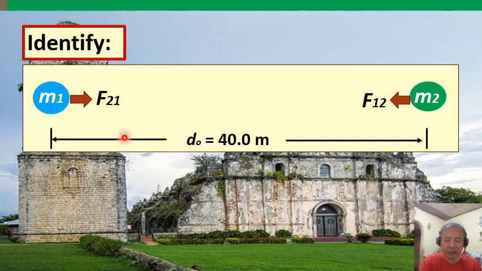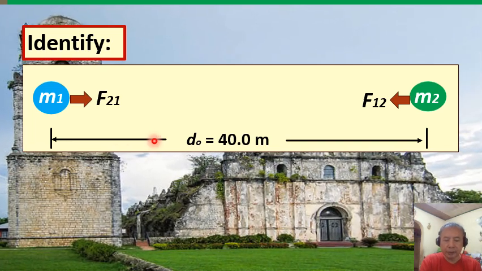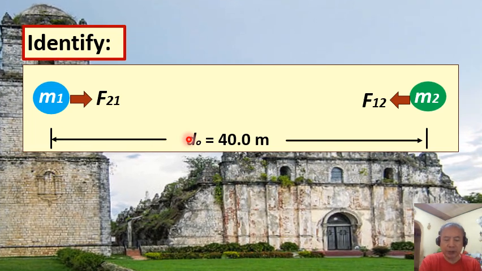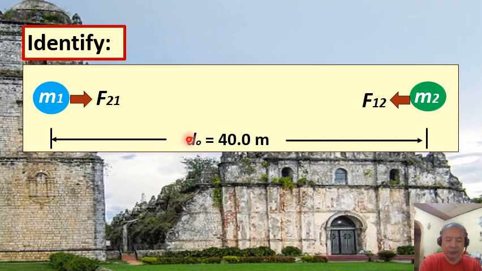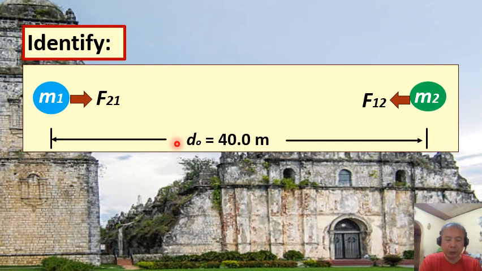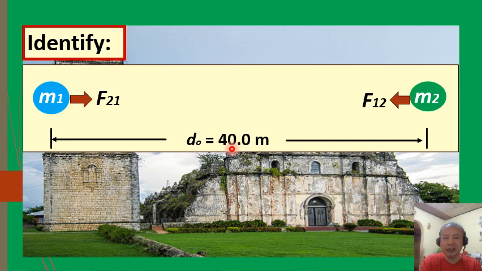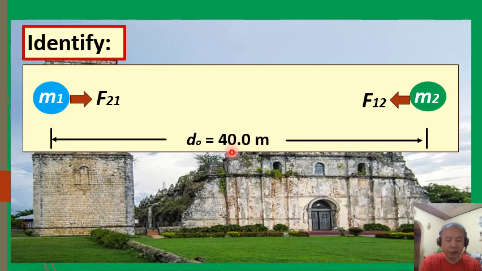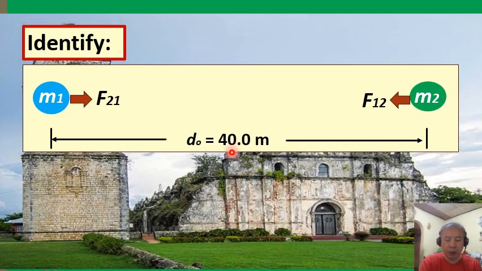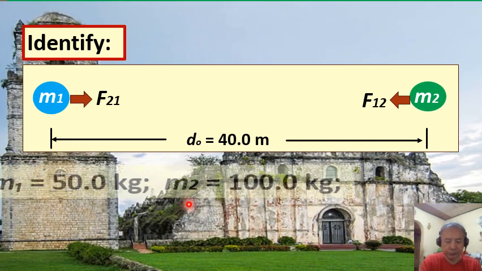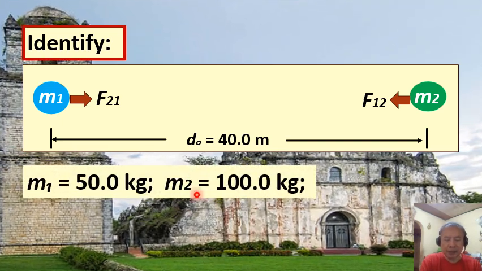As illustrated in the figure, the center-to-center distance of the two spheres initially is 40.0 meters. They accelerate towards each other because of their mutual gravitational attraction. Their masses are given.